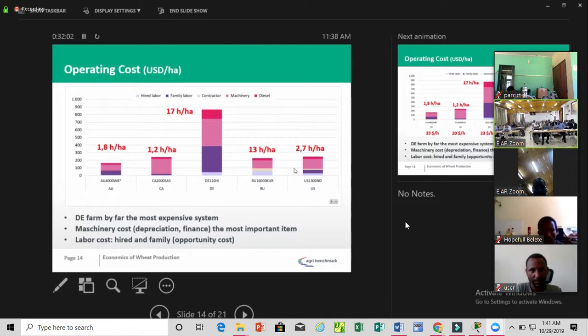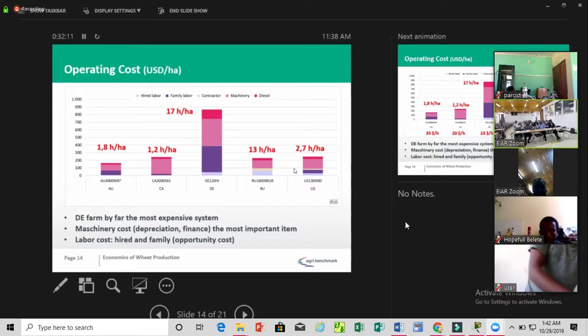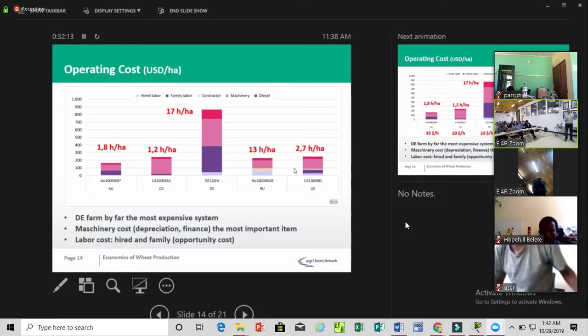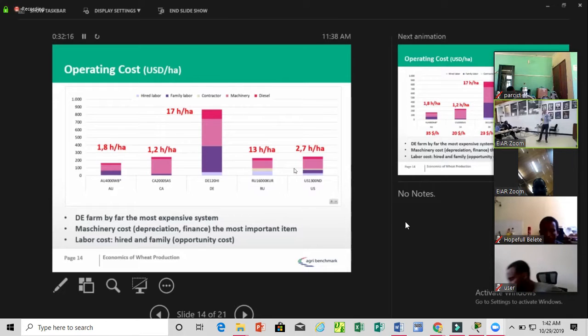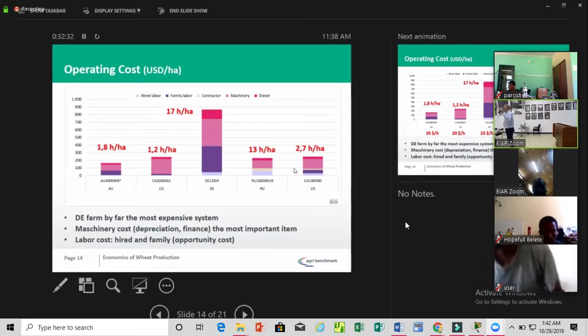Okay, so just to give you an idea how much labor is spent to produce 1 hectare of wheat. What I have to highlight here is this is not the time spent actually on the machine or in the field, but it also includes what we call overhead working time. So sitting in the office, going to meetings, negotiating with your traders, everything.